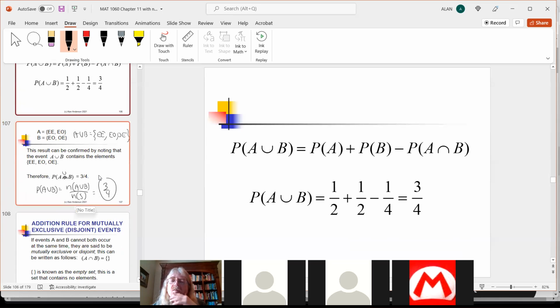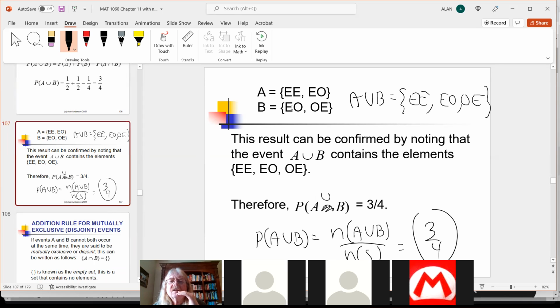Now, by the way, in this case, there's another way we could have gone about this. And again, we're taking advantage of the fact that the elements in our sample space are equally likely. So that means we can speed this up just a little bit. We can go back to the beginning and say, given the elements that are in A and B, all I have to do is write out what elements belong to the union and then count them.